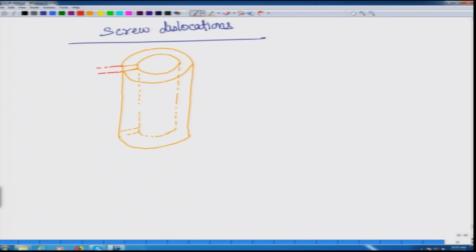Let us say this is the dislocation line, since we are talking about a screw dislocation. This is the line vector and also the core of the dislocation, and no matter how far you are, you will have a displacement equal to b. And let us say the radius we are talking about is r, and since this is a hollow cylinder, let us assume that the thickness is very, very small.